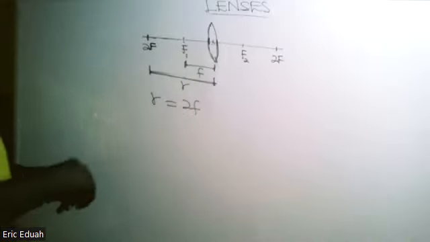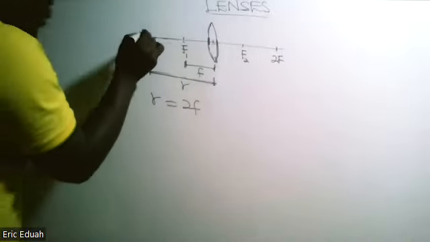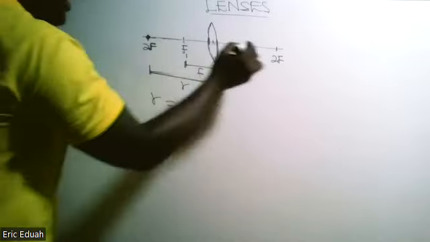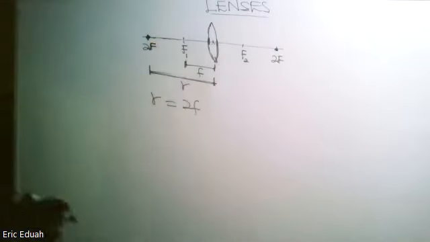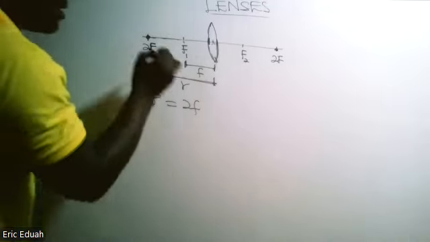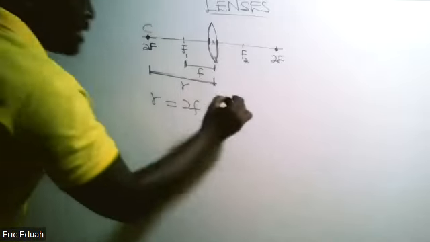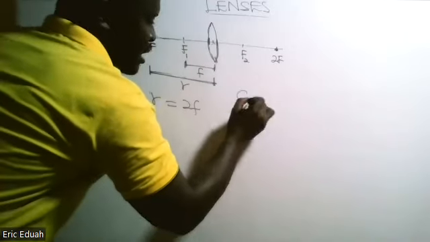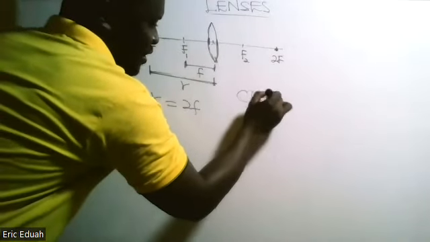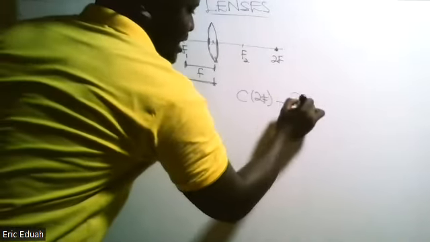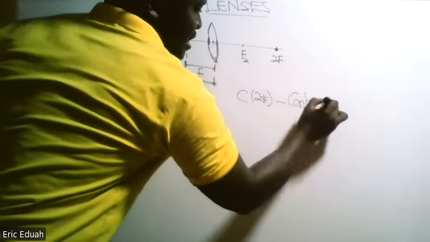R is the radius of curvature. This point is called the center of curvature. Are you okay? So there is a center of this point, which in mirrors we call C. Now 2F is called the center of curvature.